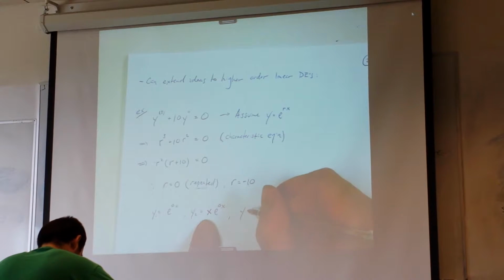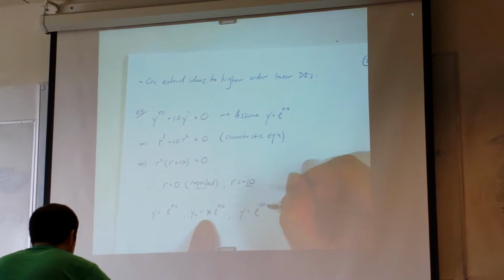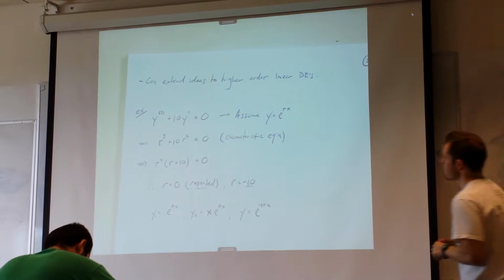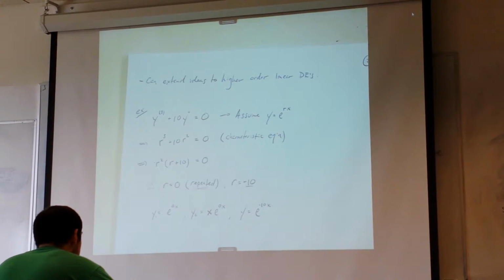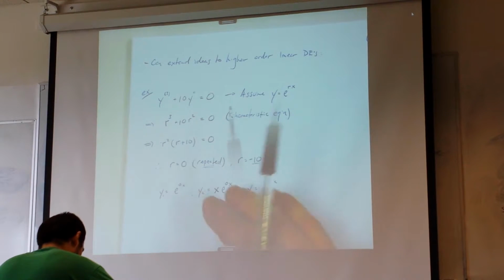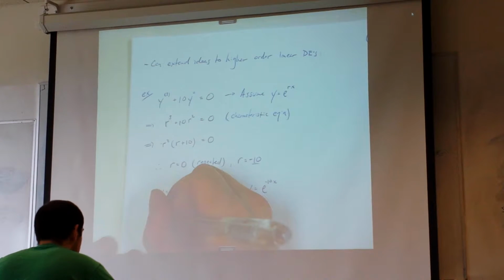And then the other one is e to the negative 10x. Let's say y1, e to the 0x, is just going to be a constant. Well, it's a constant function, like 1, and any constant function checks out because there's no y.